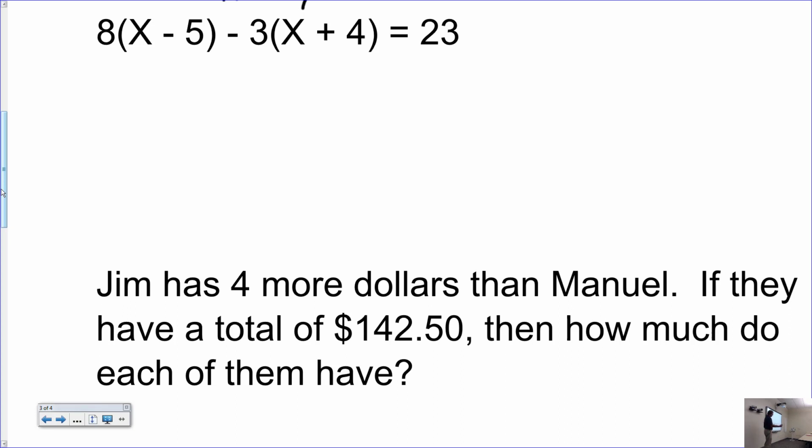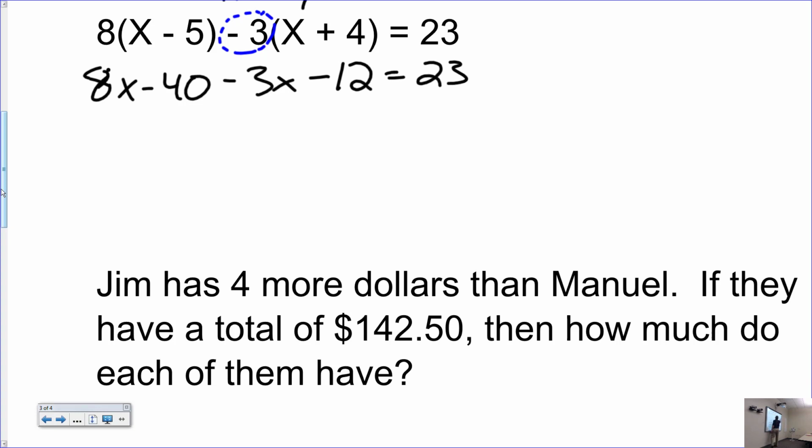Distribute again. Distribute again, right? 8x minus 40. Please be careful distributing the minus 3, folks. This becomes minus 3x minus 12. Again, that's the one thing that sometimes happens to students is that minus sign all of a sudden stops getting distributed along on the trip.